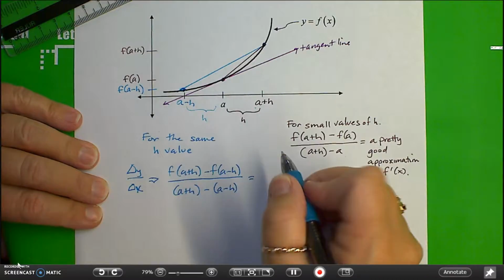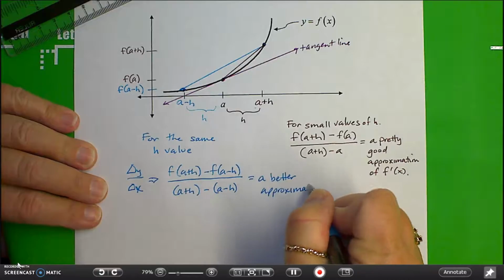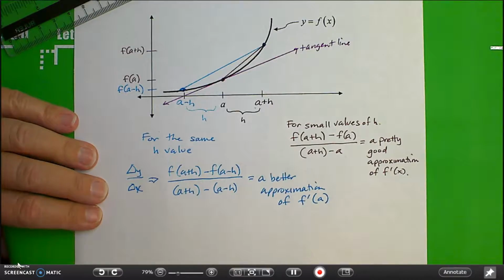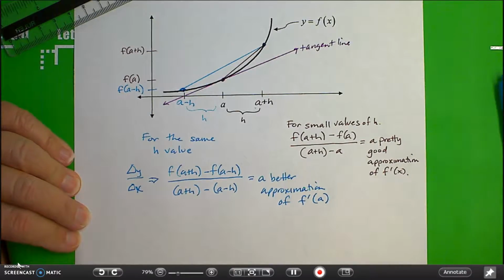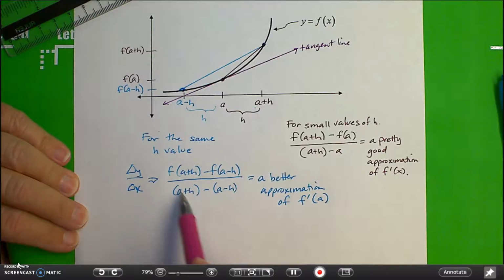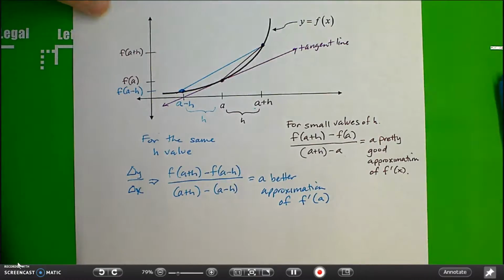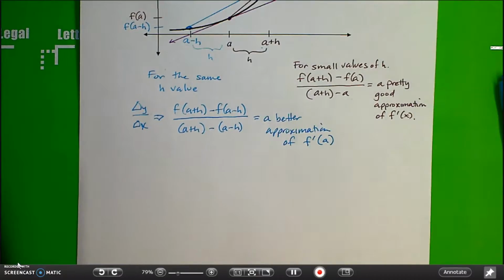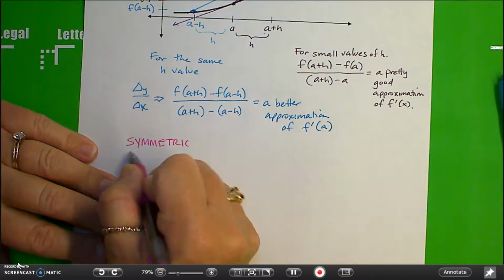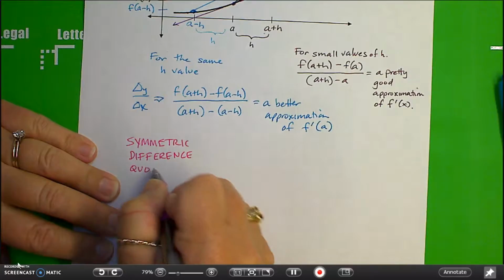That's going to give me a better approximation of the derivative, and I'm going to even write that as f prime at a, the slope of the tangent line at a. And this is actually a slope function that gives us a good approximation and doesn't even require limits. So that's what's nice about it. This is actually called the symmetric difference quotient.